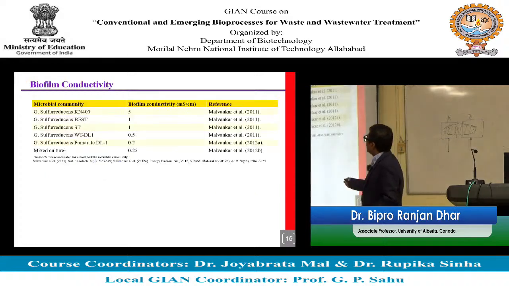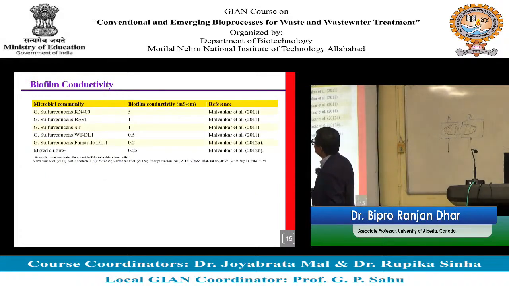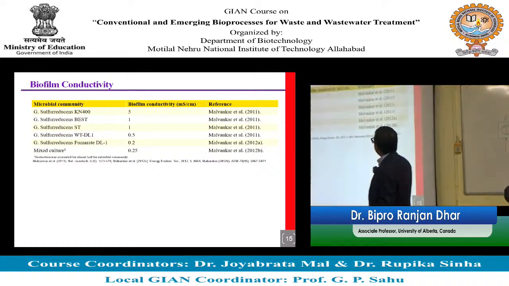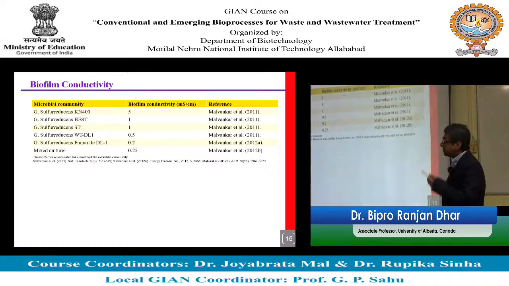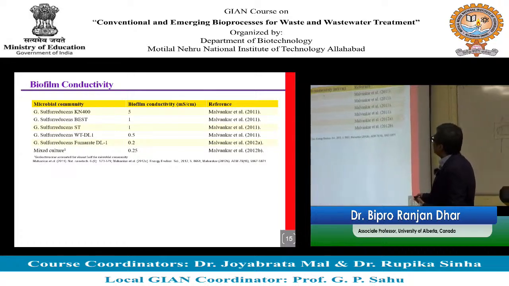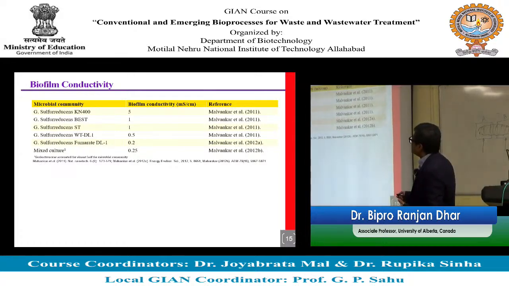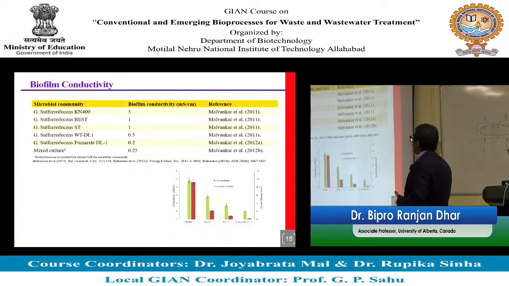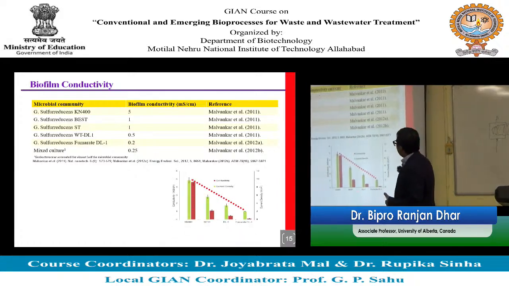You can see all of these were published by one research group. They tried different strains of Geobacter species, and found that for different Geobacter species, current density in amperes per meter squared showed a perfect linear relationship with biofilm conductivity.